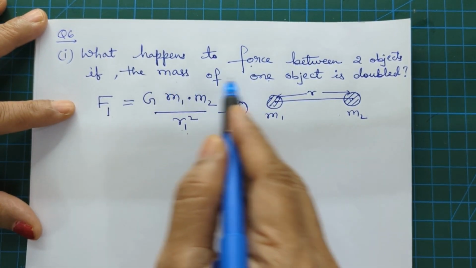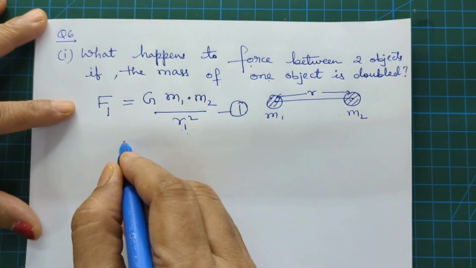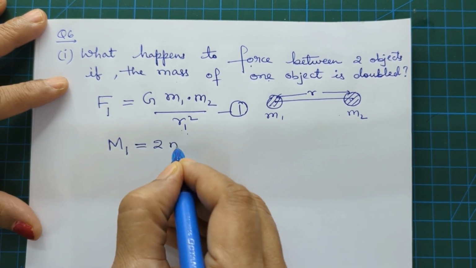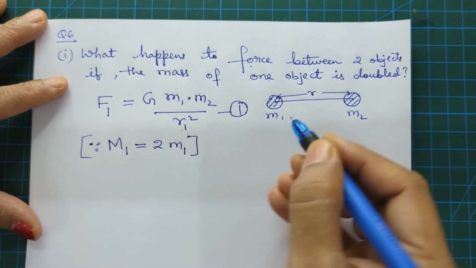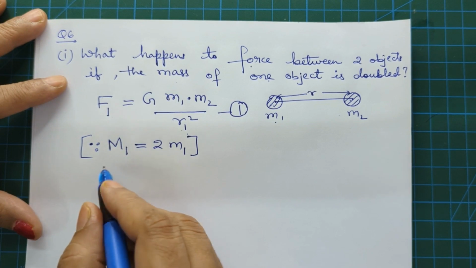Now when one of the mass is doubled, so let m1 be doubled. So new m1 is double the initial mass. So here I have applied the condition. If either of the masses or distance of separation changes, force of gravity changes.